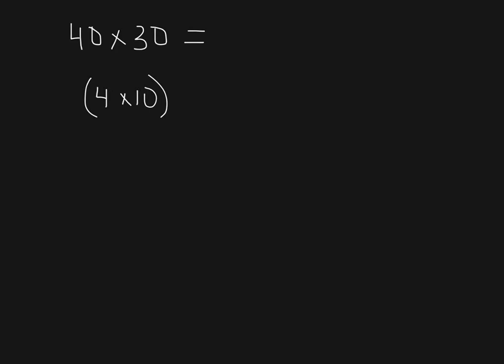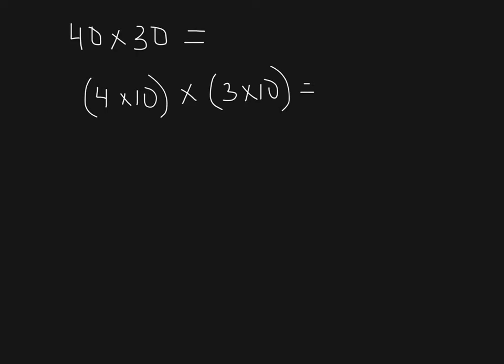And I want to multiply that 40 times 30, which of course, if I use expanded form, that's going to be 3 times 10. And so now you can see why we're doing expanded form, because it helps us see the patterns that are happening here and what's going on with the place value to get our answer.